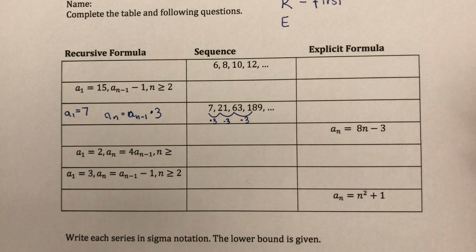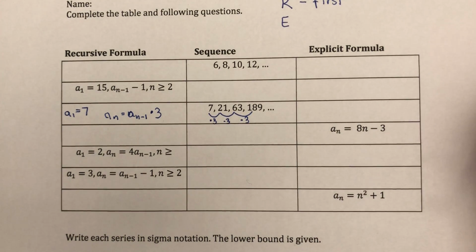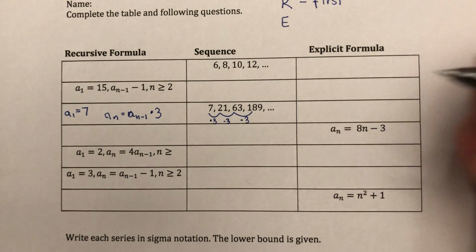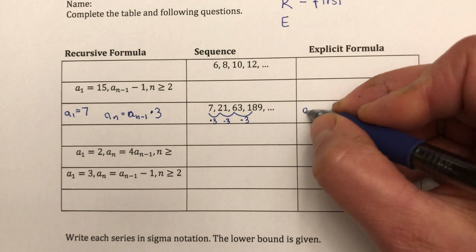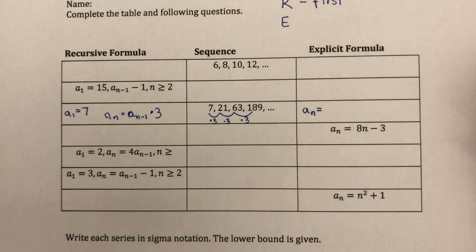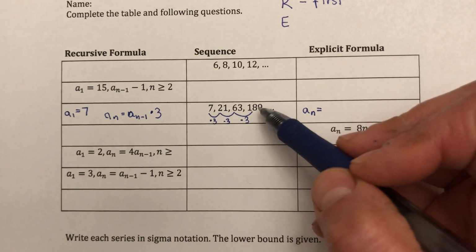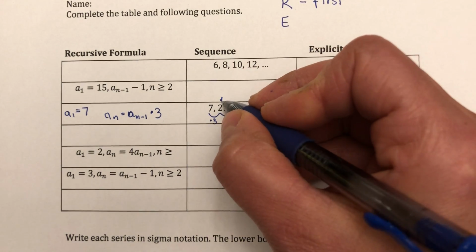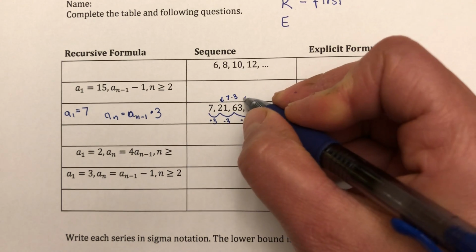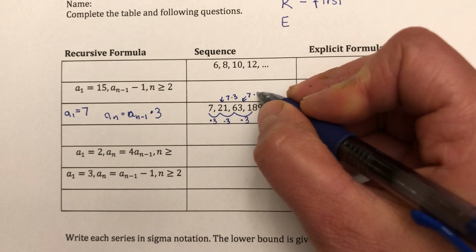Now, finding the explicit formula is a little bit more difficult. Because there's a multiplication, maybe you remember something about geometric series. Let's see how I can write the general formula for this. First of all, I see that 7 is involved in this as well. 21 is equivalent to 7 times 3, and 63 is equivalent to 7 times 9.